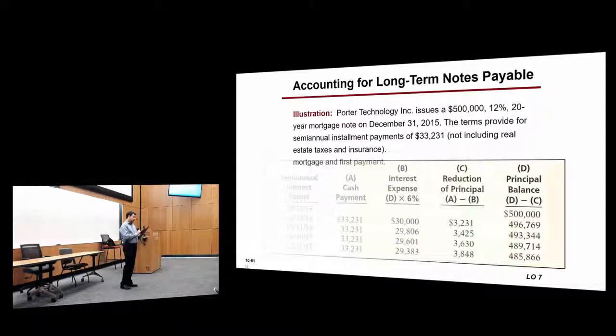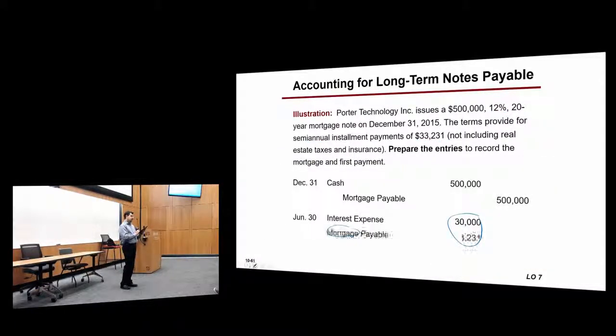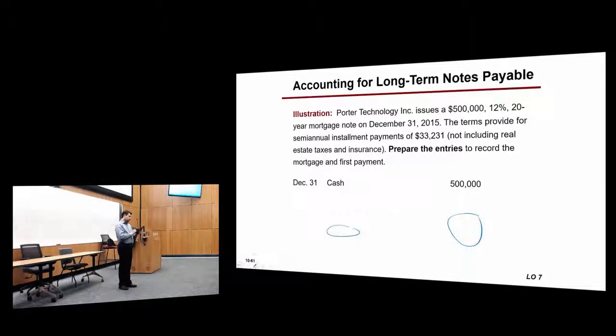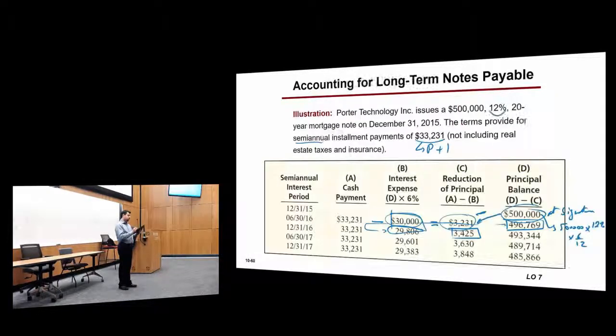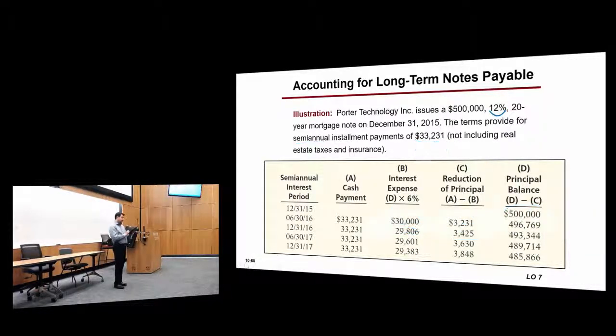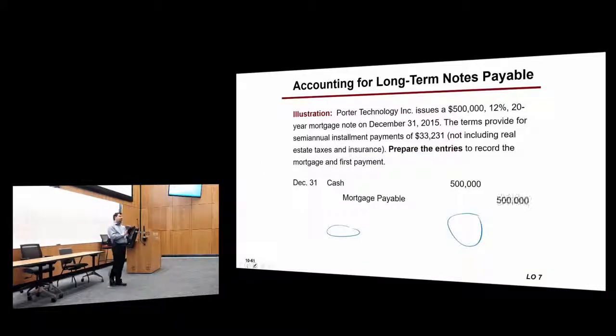The company will debit interest expense 30,000, debit mortgage payable 3,231, and credit cash for the semi-annual installment. When they make the second payment, it will be the second amount in the table here, so the journal entries will be 29,806 and 3,425. Anyways, have a good weekend, everyone.